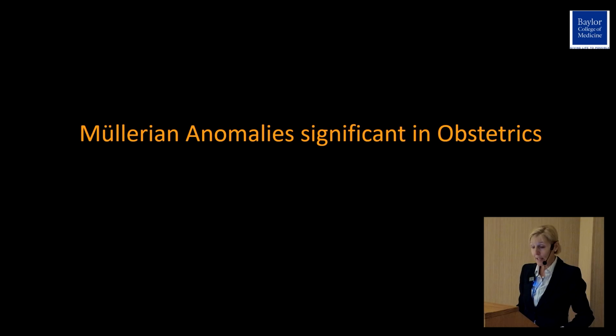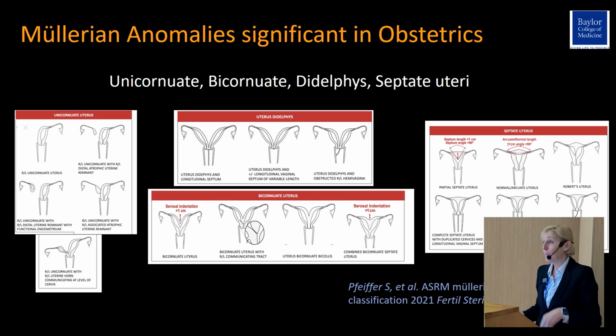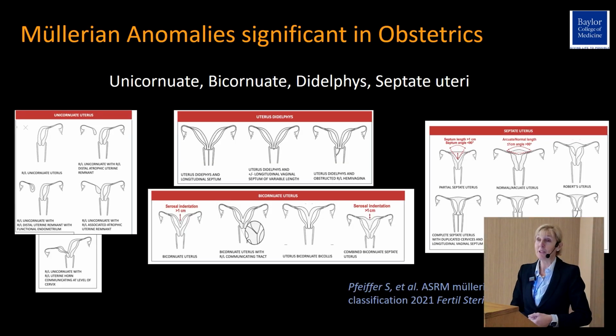And so I made it part of my career trying to understand what was really important that we were looking at. And so the unicornuate uterus, bicornuate, didelphus, and septate uteri are the ones that are important to us as adult reproductive endocrinologists or general gynecologists.